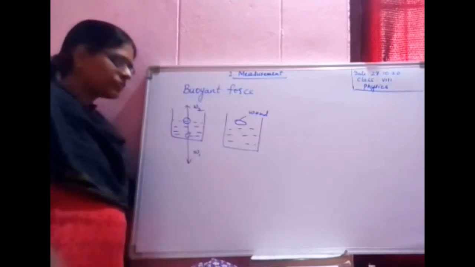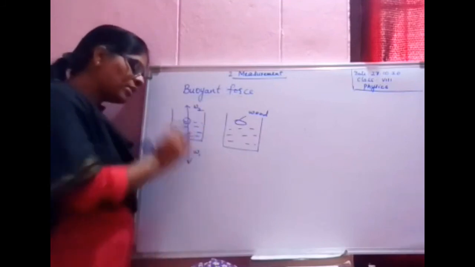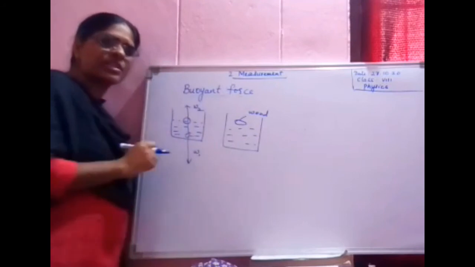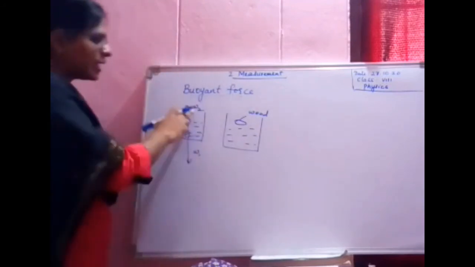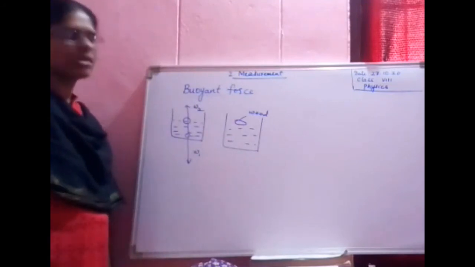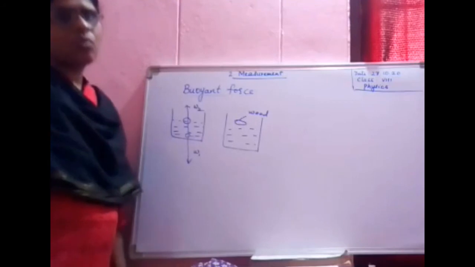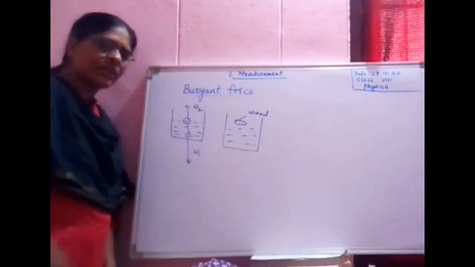Now, we are getting a doubt. On the stone, there are two forces. One is gravitational force and the other one is buoyant force. Now, why does the stone sink in water?